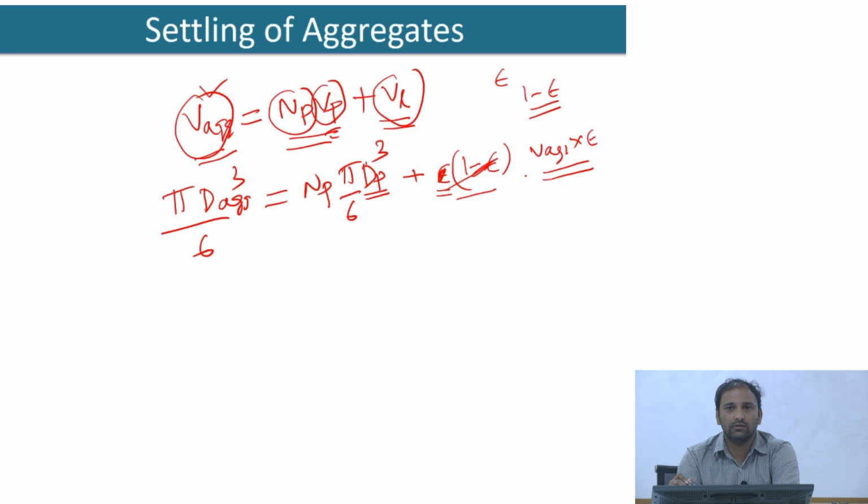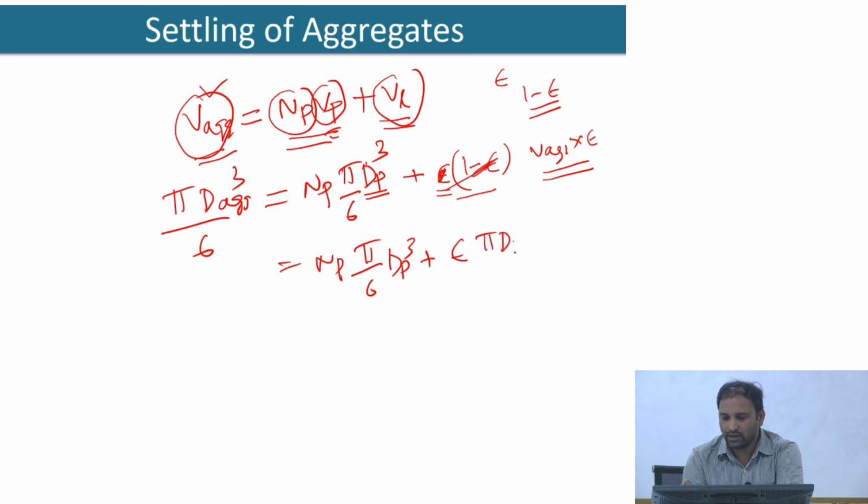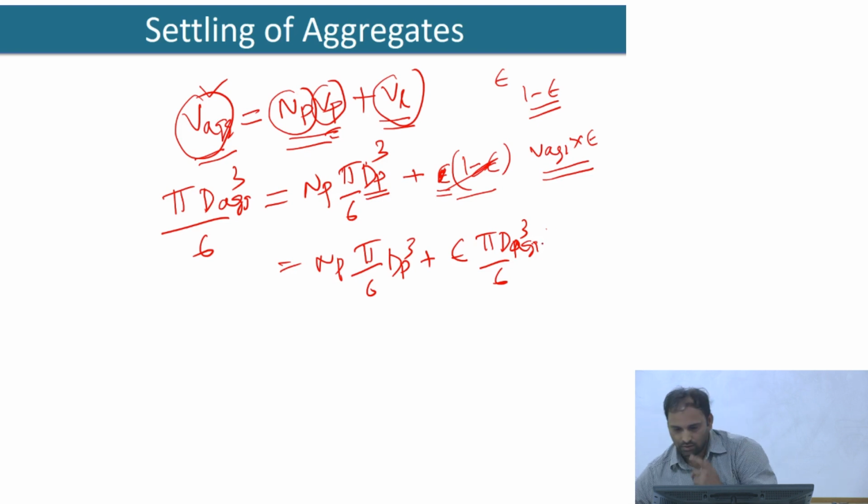So, therefore, I can write this as pi by 6 into dp cubed, plus epsilon times pi by 6 into d aggregate cubed. Let me just check, is that okay?